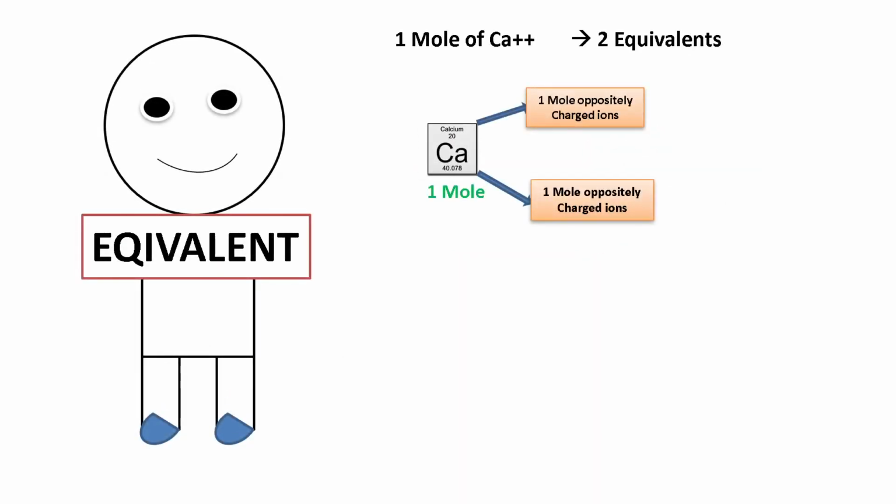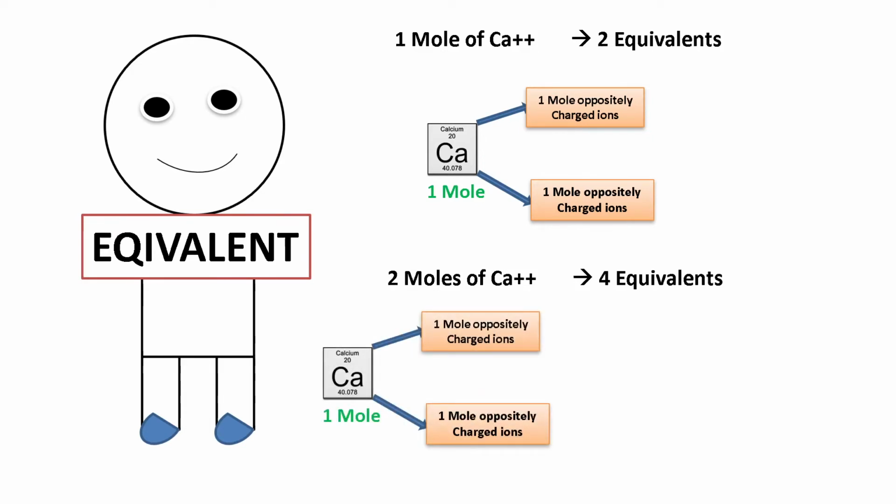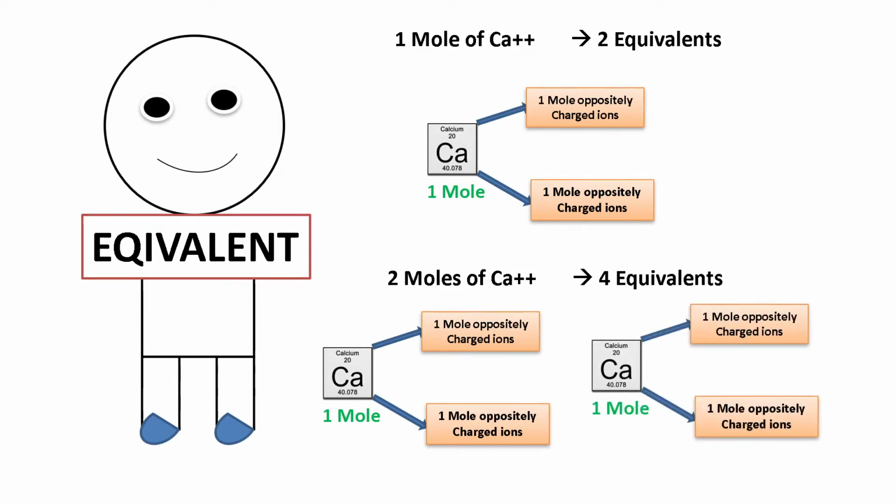1 mole of calcium ions is equal to 2 equivalents, which we know by now. It means 1 mole of calcium will require 2 moles of oppositely charged ions. 2 moles of calcium will be 4 equivalents, because 1 mole of calcium will require 2 moles of oppositely charged ions, and another mole of calcium will require 2 moles of oppositely charged ions.